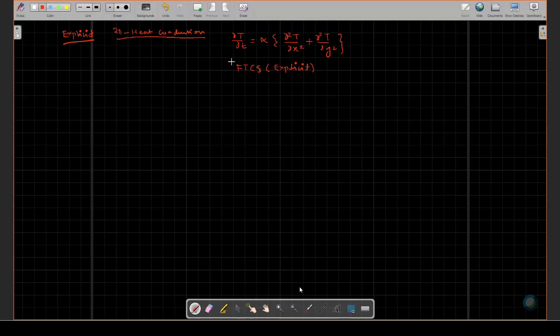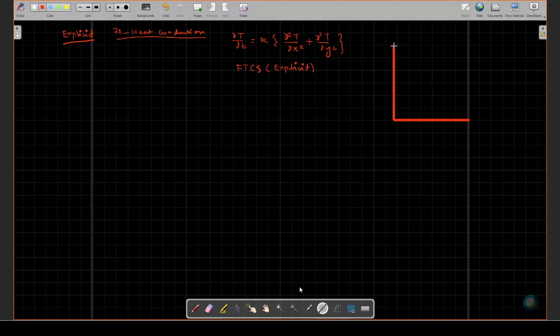Now we need boundary conditions also. For this particular case, we'll consider a 2D domain. It can be a 2D cylinder, or just a cavity, or a solid plate.